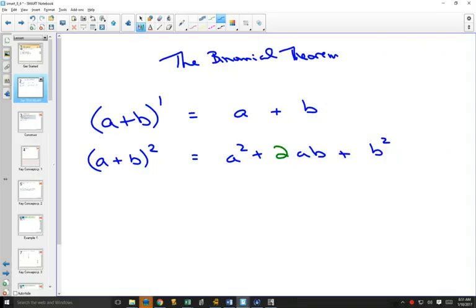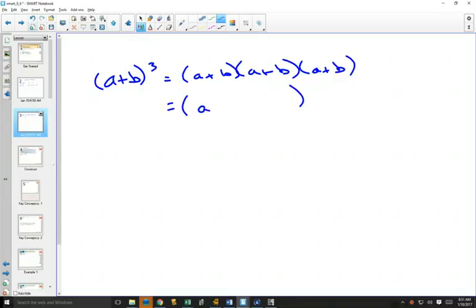And if you had a plus b cubed, well, that's a plus b times a plus b times a plus b. And we already know that is a squared plus 2ab plus b squared.